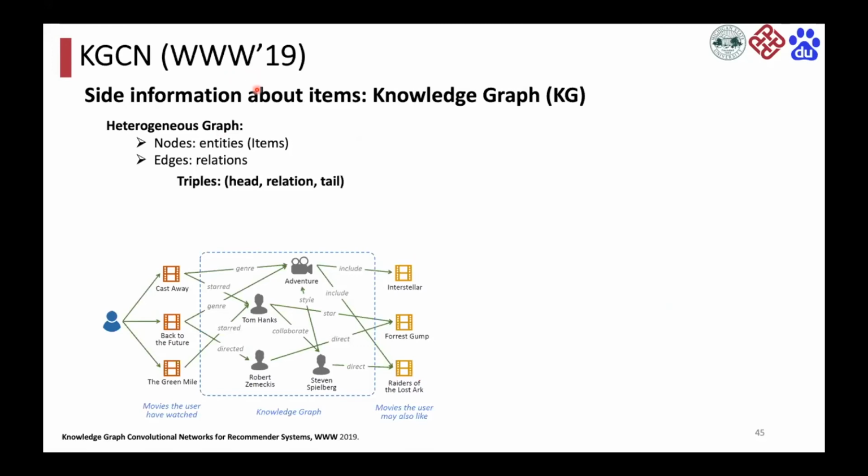A knowledge graph is a heterogeneous graph in which the nodes correspond to entities and the edges correspond to relations. In recommendation scenarios, items can correspond to a kind of entities in the knowledge graph.